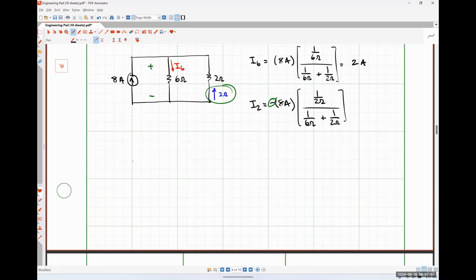So this is a problem that I really like, and something like this usually winds up on the test somewhere. Let's say that I have a 5 amp source like so.